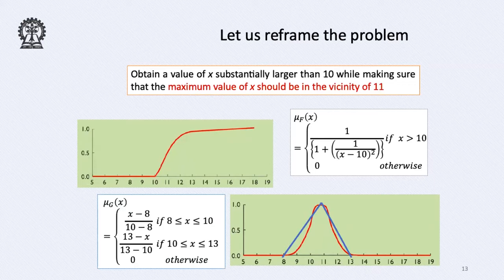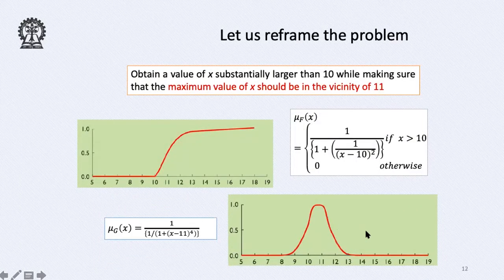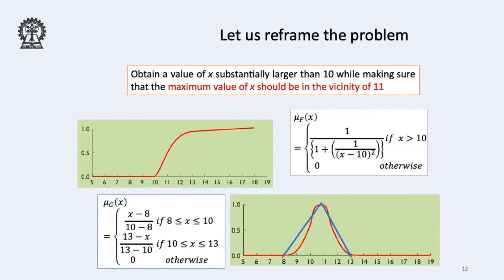Here I mean to say that in the vicinity of 11, though we have done it with a nonlinear membership function here, that totally depends on my perception, my way of thinking. For the vicinity of 11, instead of nonlinear, we can approximate with a linear one as well. That much I just wanted to say.